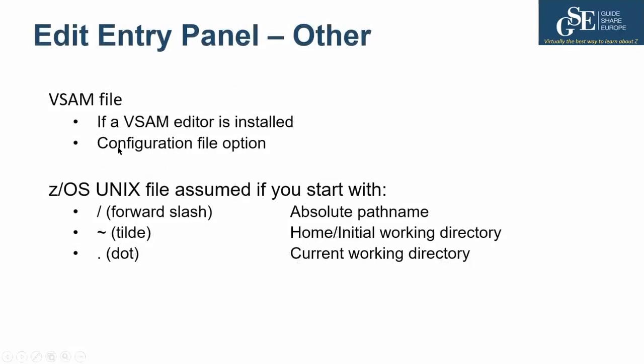You can use that for sequential data sets and PDSs, but also VSAM files if you have a VSAM editor installed and it's configured in the configuration file. You can also specify a z/OS Unix file here. If you start with any of these characters, then it will assume that you have a Unix file there, and you can use left and right scrolling if you have a very long name.